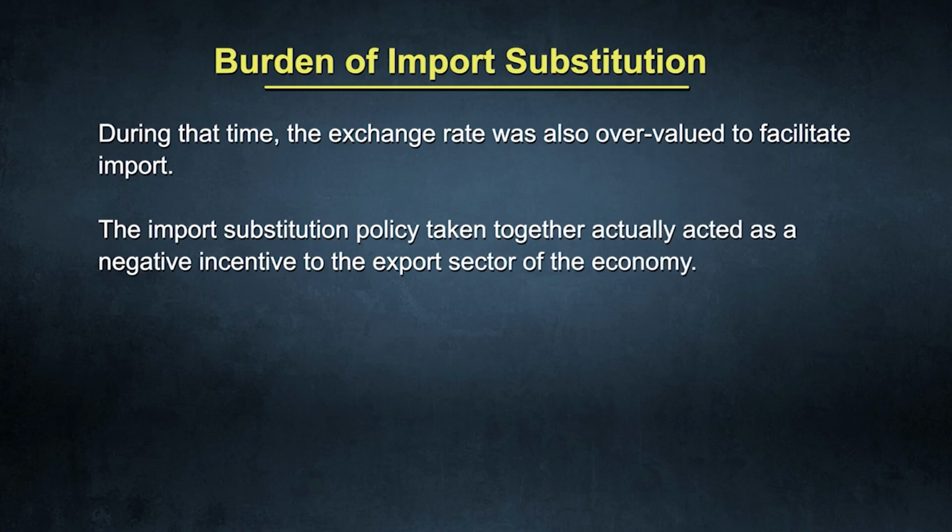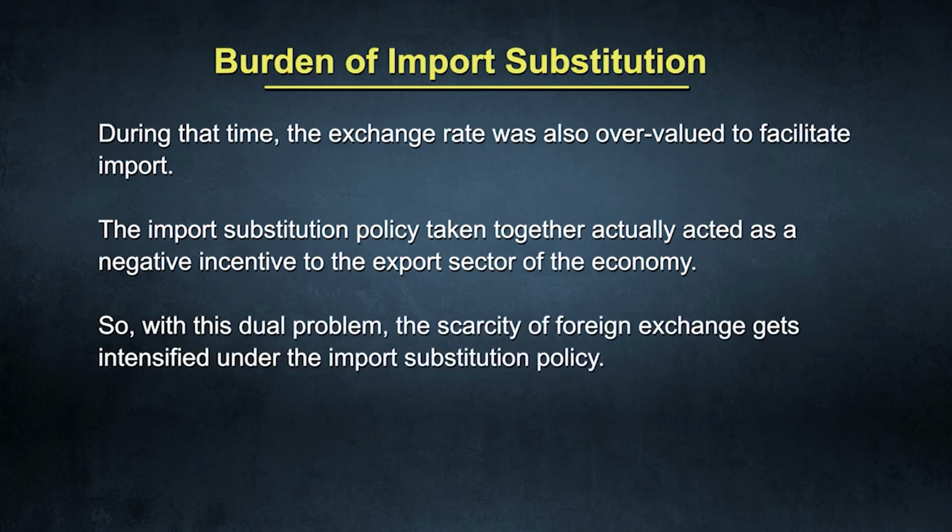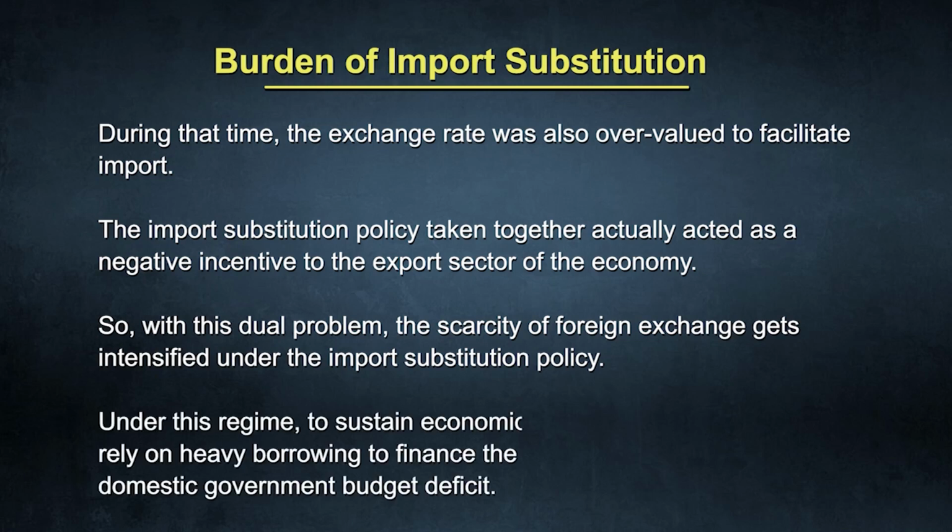So we can say that the import substitution policy taken together actually acted as a negative incentive to the export sector of the economy. With this dual problem, that is increasing import and decreasing export, the scarcity of foreign exchange gets intensified under the import substitution regime.